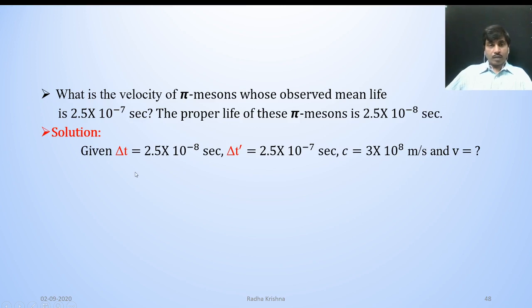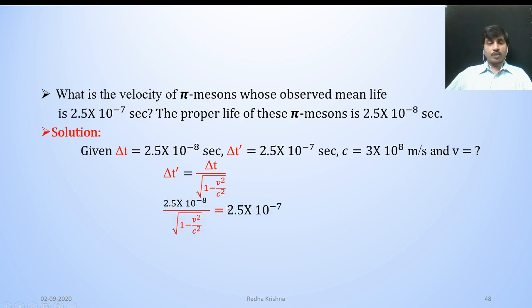Here, delta t is the time interval recorded by a clock at rest with the pi meson, and delta t dash is the time interval recorded by the observer for whom the meson is moving. The formula is delta t dash is equal to delta t by square root of 1 minus v squared by c squared.